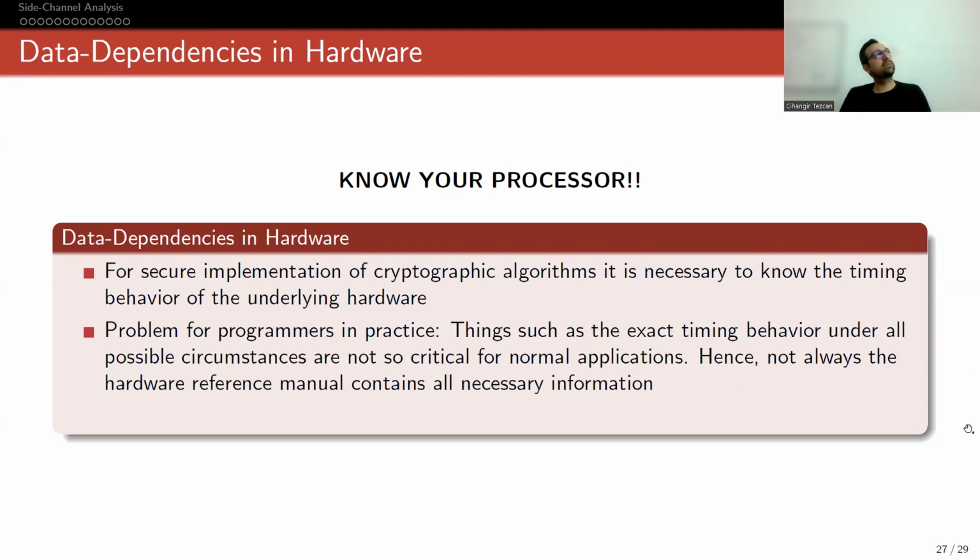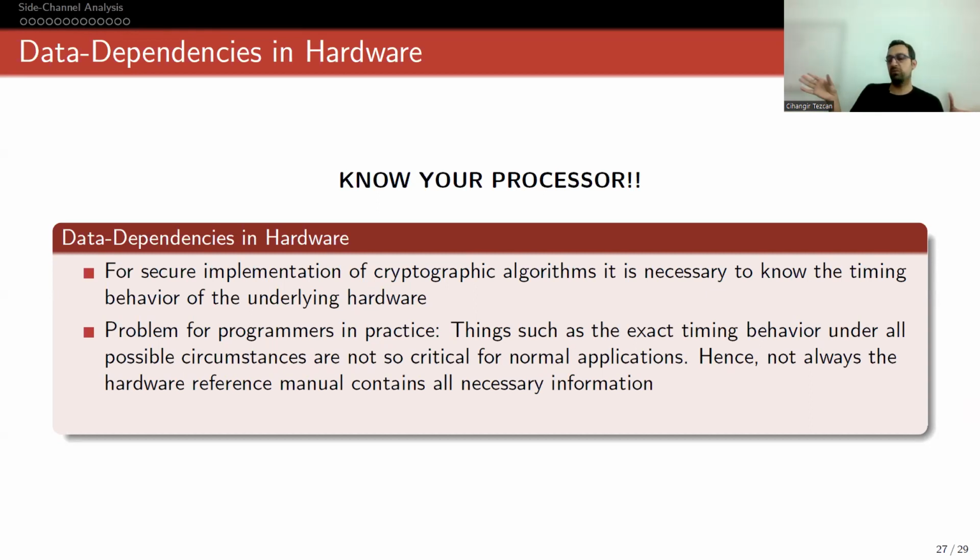Problem for programmers in practice: things such as the exact timing behavior under all possible circumstances are not so critical for normal applications. Hence, the hardware reference manual does not always contain all necessary information. This is also valid for GPUs, actually. In some architectural changes, we realized that some of our codes work faster and sometimes slower, regardless of the main changes.